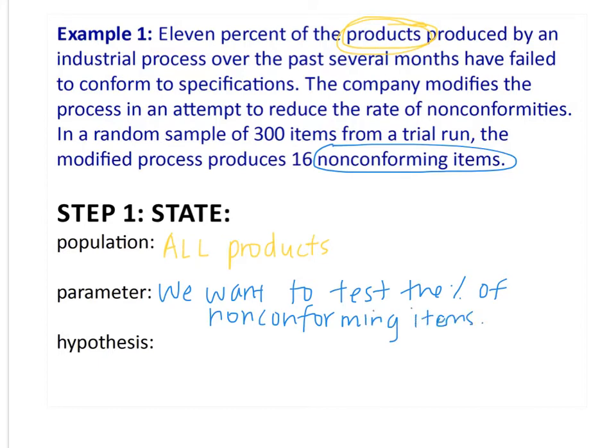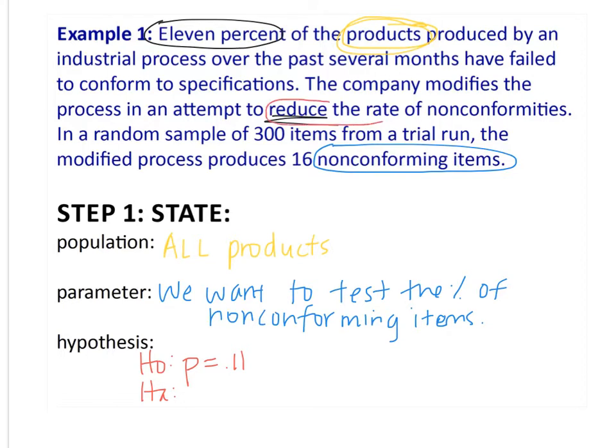So we're trying to figure out how many of these items that are produced are not going to be conforming. We started with the 11%, and we're trying to reduce that number. So the null hypothesis is that we're still at the 11%, that the true proportion equals 0.11, and the alternative is what we want to have happen.